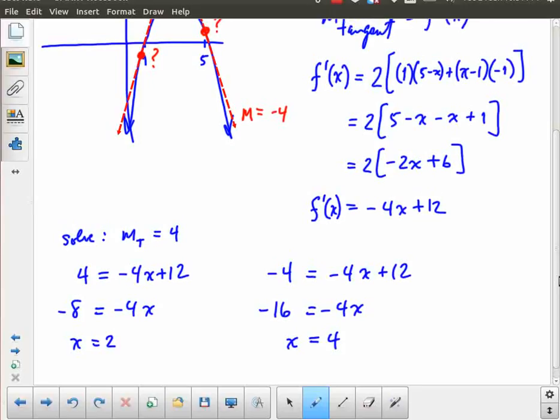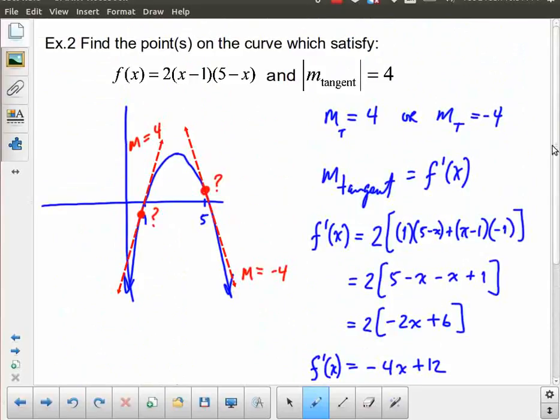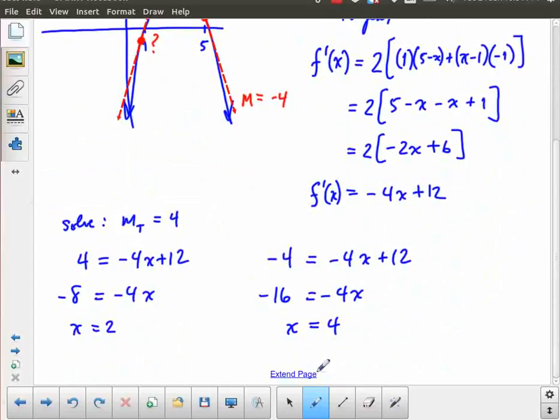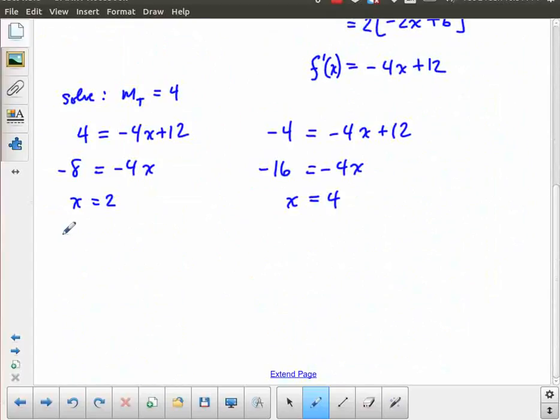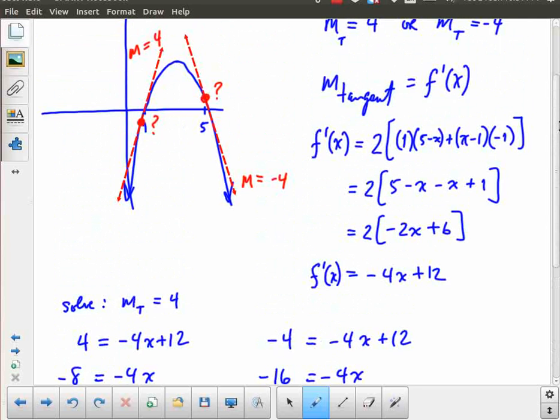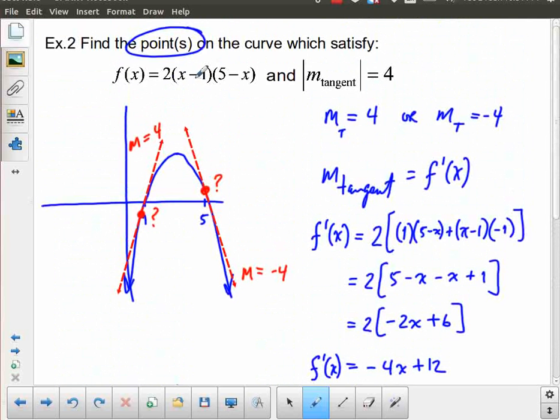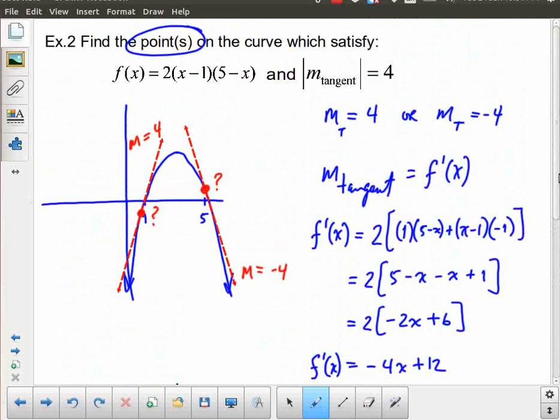And I just want to take a look at how the question was worded. Find the points on the curve which satisfy this. So I have only found the x coordinates, and so now I need to also find the points. I need to go back and sub in f of 2 because x is equal to 2. And my original expression, just to remind us, is 2 times x minus 1 times 5 minus x.